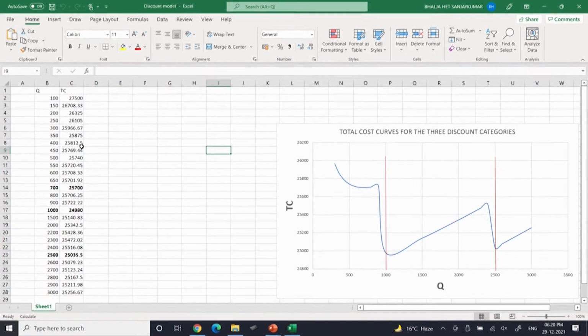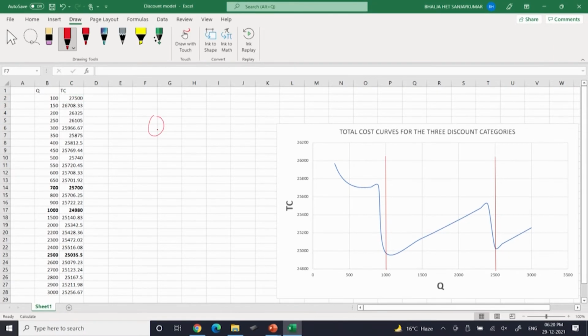Click on C2, the total cost is average inventory multiplied by inventory holding cost plus D by Q multiplied by ordering cost plus purchasing cost. You see up to 700 we got the value of Q1. So, in our model Q1 star is 700. I have kept up to 700 and found the total cost.